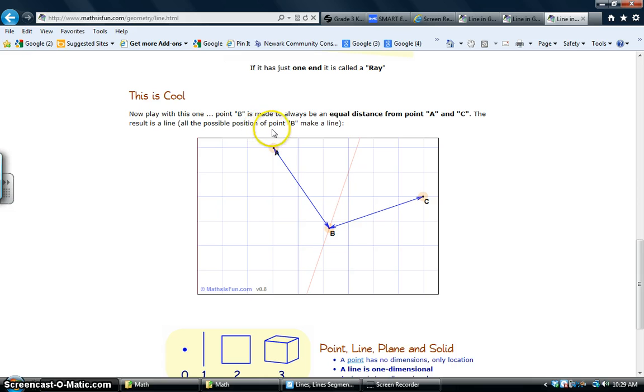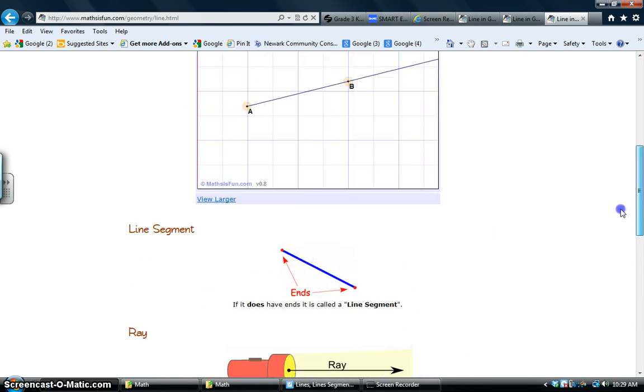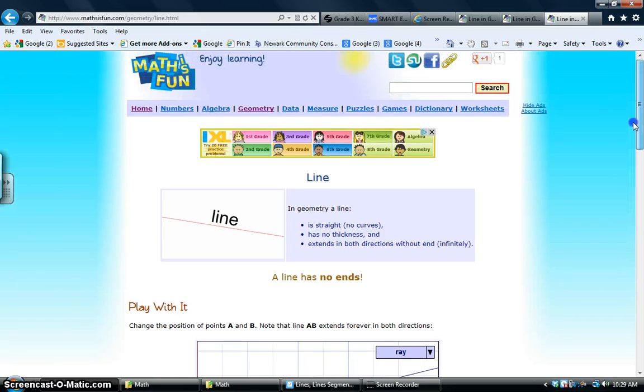All the possible positions of point B make a line. So here is the line they are talking about. But if you look at the entire picture, it also makes an angle, and we will talk about angles later this week.